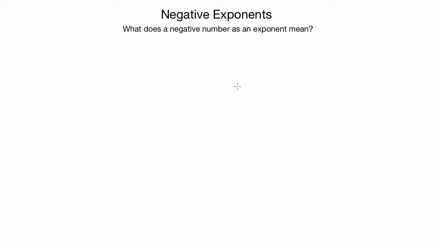Let's take the number 2. My pattern is I'm going to multiply by 2 to get bigger. So I'm going to take 2. Let's multiply that by 2. And the next number would be 4. Let's take that 4 and multiply it by 2, and we get 8.